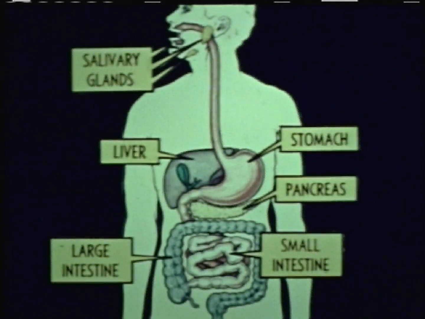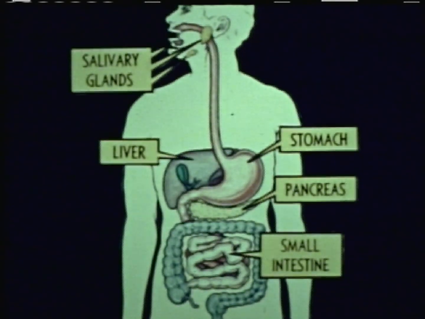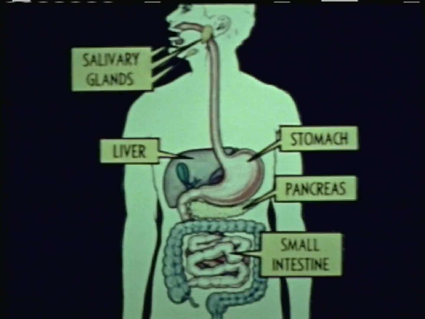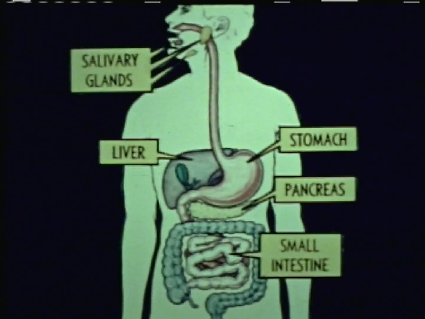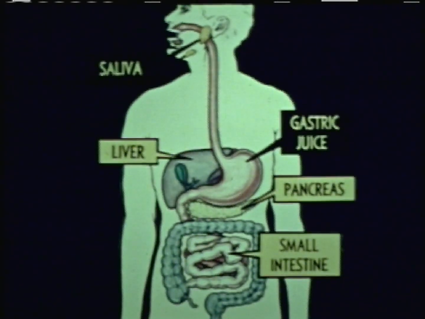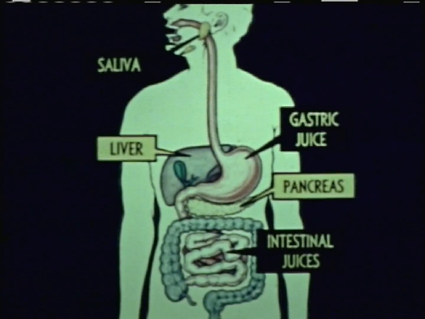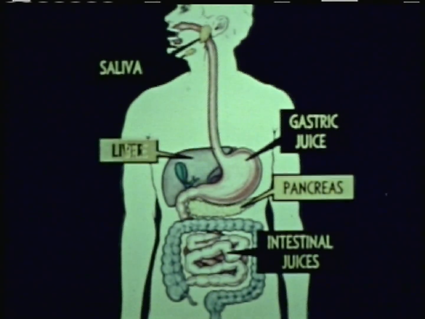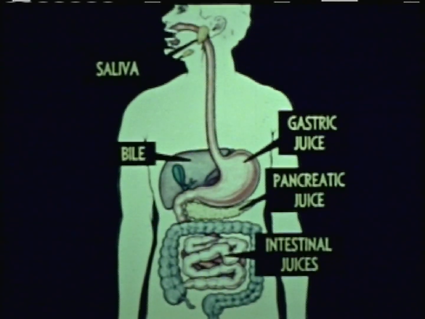Except for the esophagus and the large intestine, all of these organs secrete digestive juices, which break down complex nutrients into simple forms. The salivary glands secrete saliva, the stomach, gastric juice, the small intestine, intestinal juice, the liver, bile, and the pancreas, pancreatic juice.